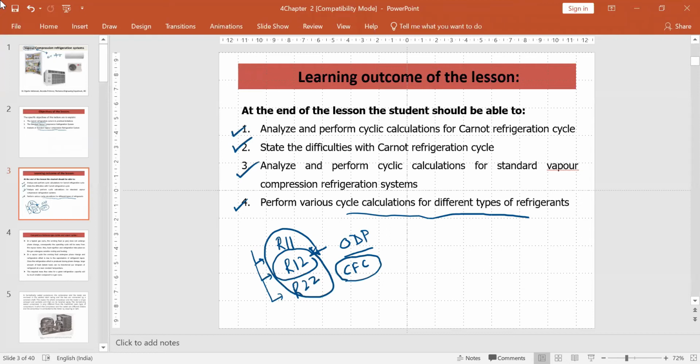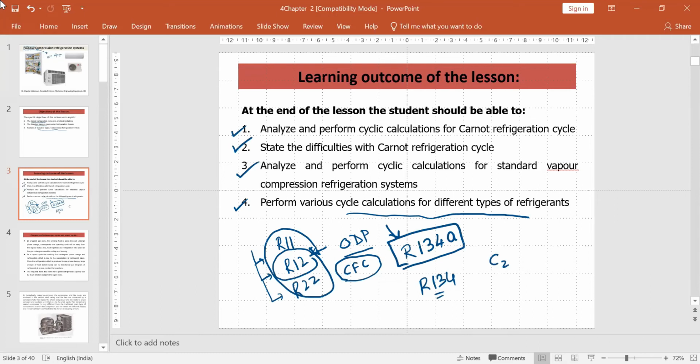So nowadays we are using R134a in most of the refrigerators. Now, what is 134a? 134a is actually tetrafluoroethane. Now you know what 134 is, you can find out the chemical formula.